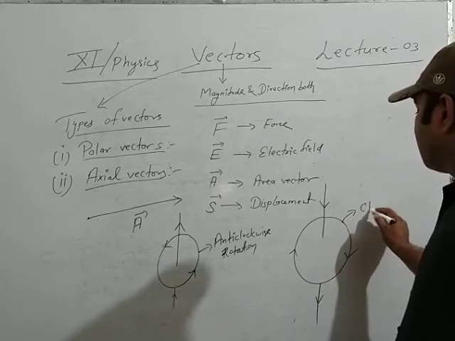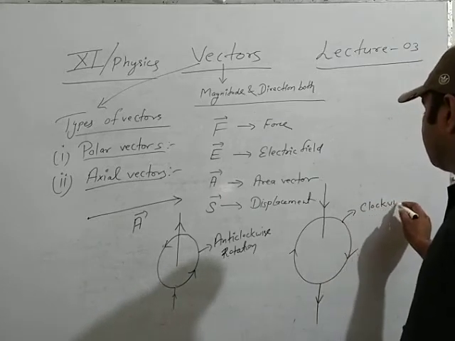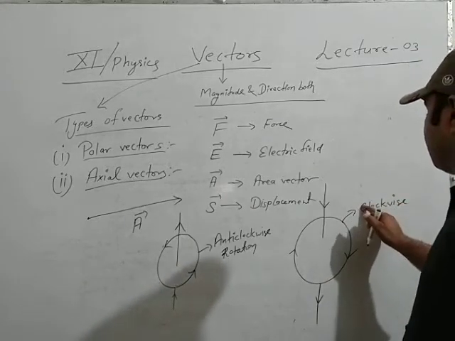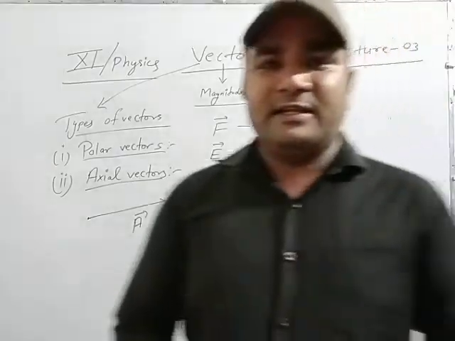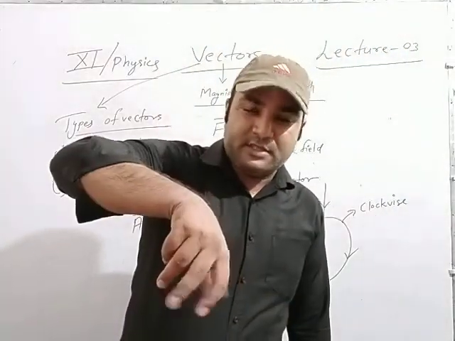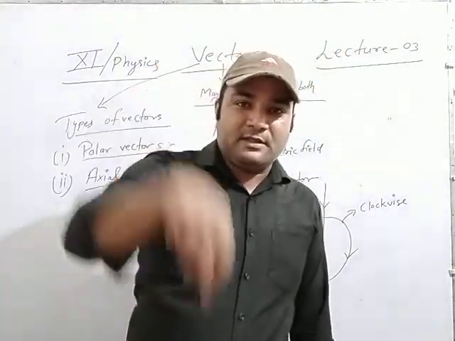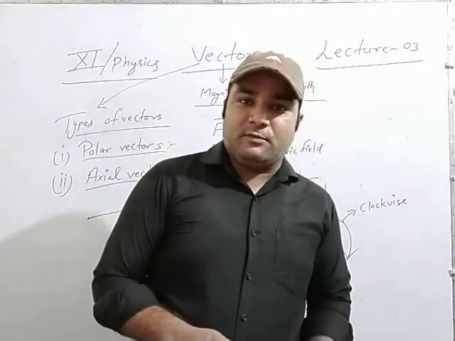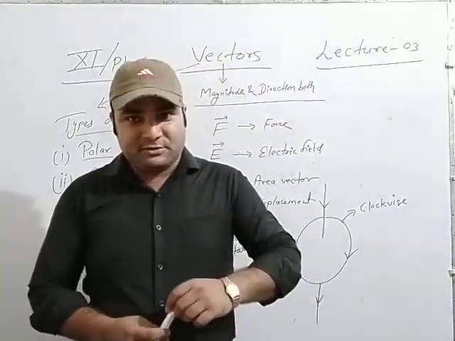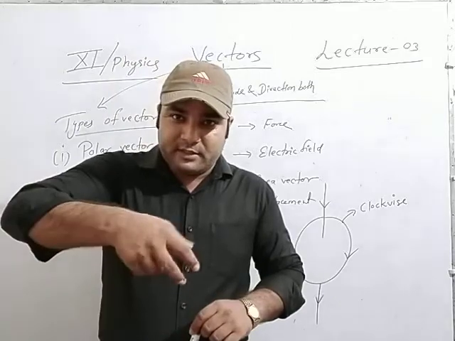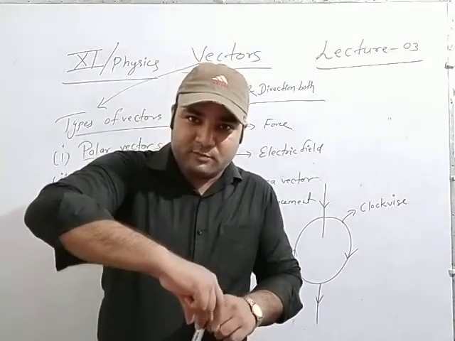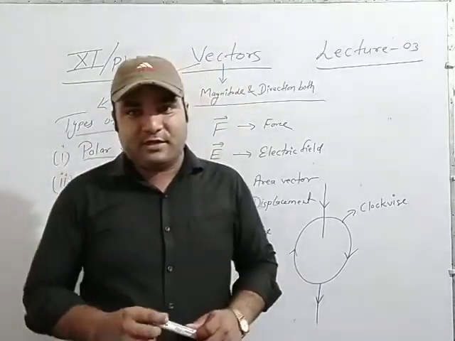See, clockwise direction. Clear? Very simple concept. That is the right hand screw rule. When you rotate the screw in clockwise, then the movement of the screw will be downwards, and when you rotate the screw in anti-clockwise direction, then the movement of the screw will be in upward direction.